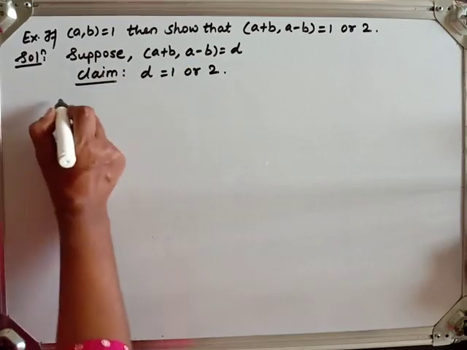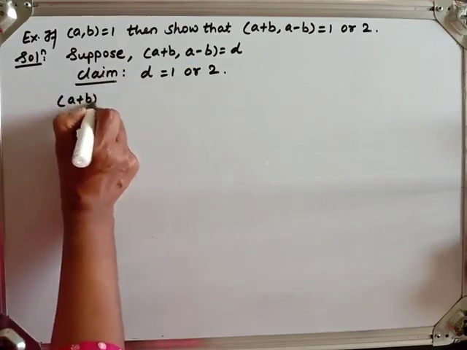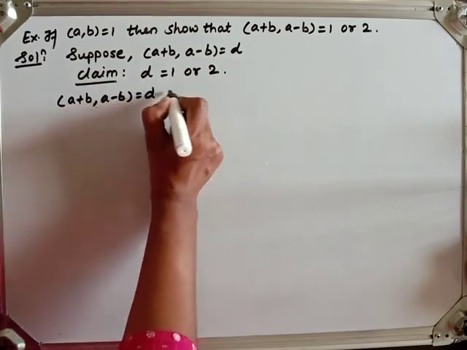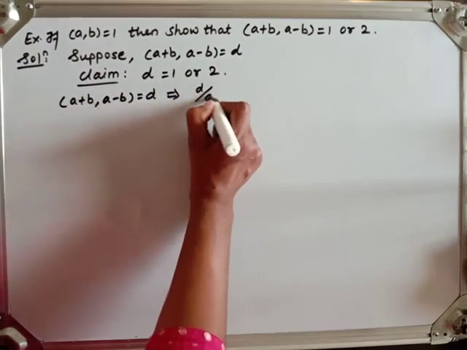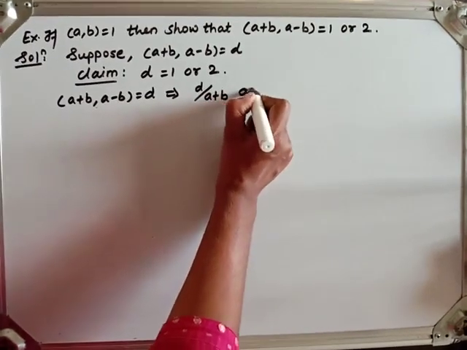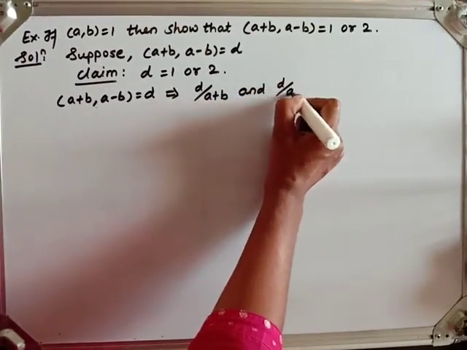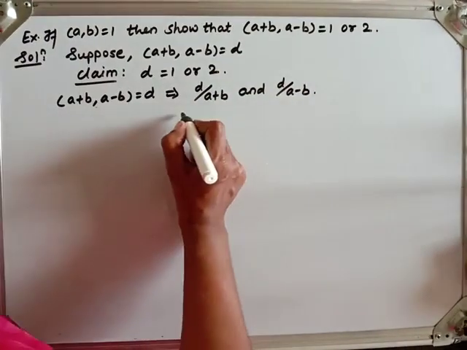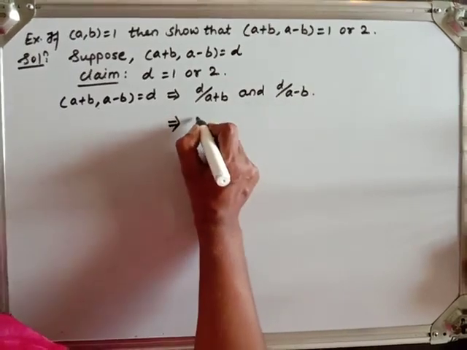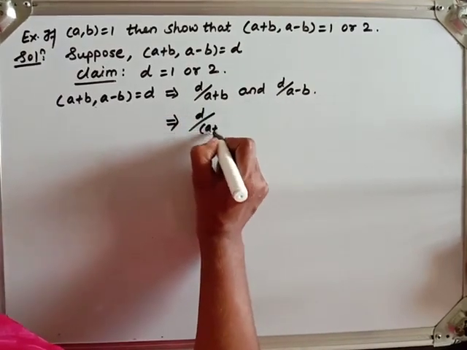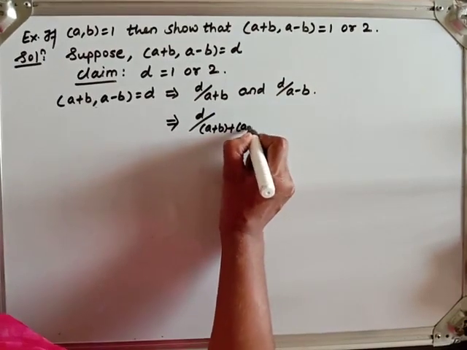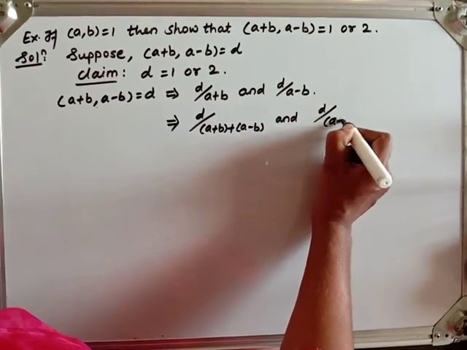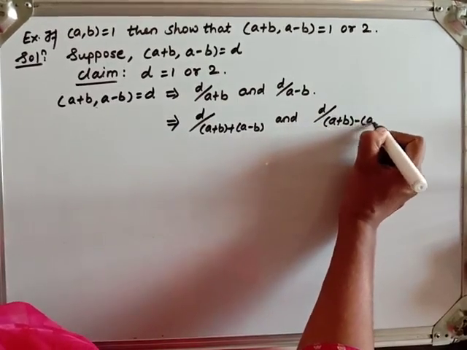So now as the GCD of a plus b and a minus b is d, this gives d divides a plus b and d divides a minus b. Fine. Now from this we can get d divides a plus b plus a minus b, and d divides a plus b minus a minus b.